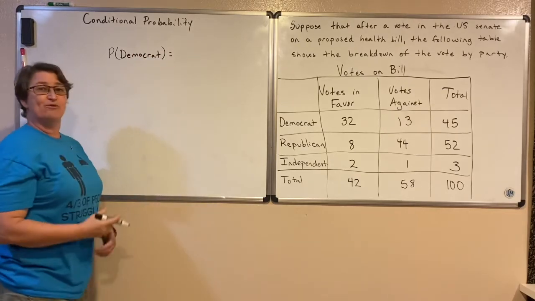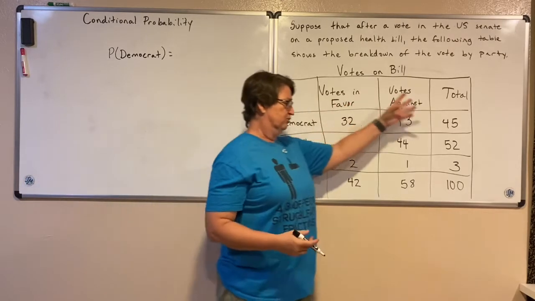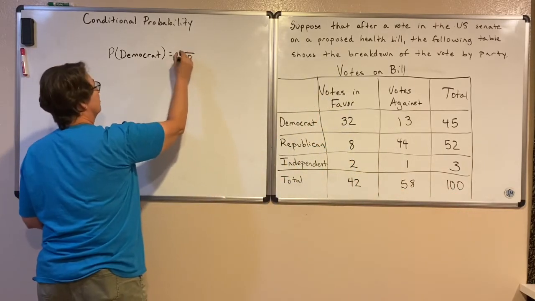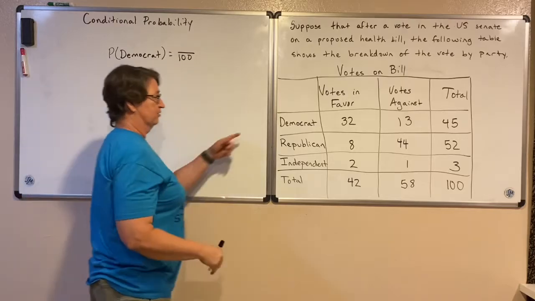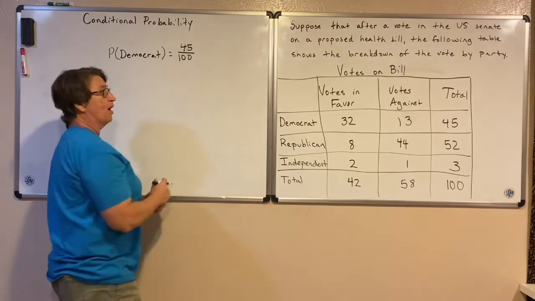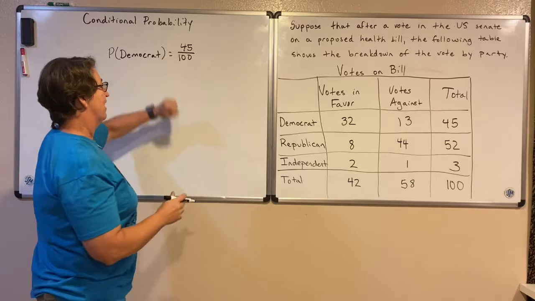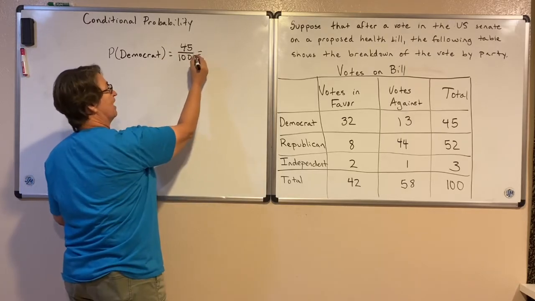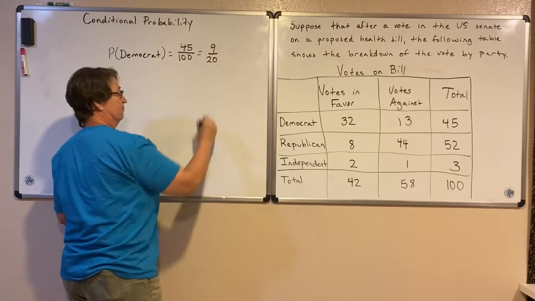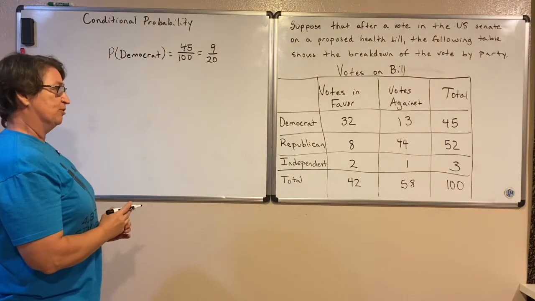Well, remember, the way we find probability is we take the total number of senators, in this case it's 100, and we find the number of Democrats, that is 45. So the probability that I randomly choose a senator from this group is 45 out of 100. Or maybe we simplify it, divide by 5 over 5, so we get 9/20. Or 45% is our chance of getting a Democrat.